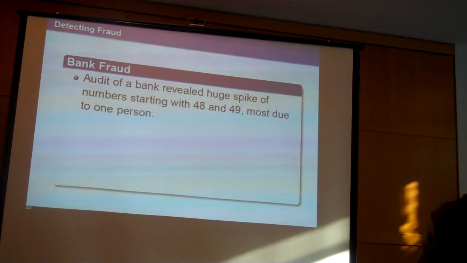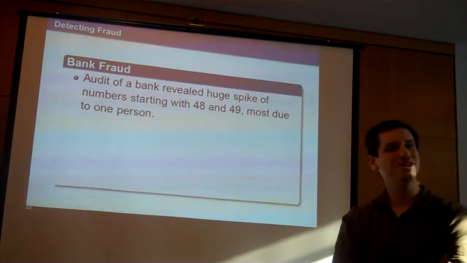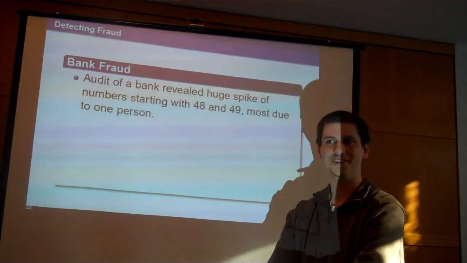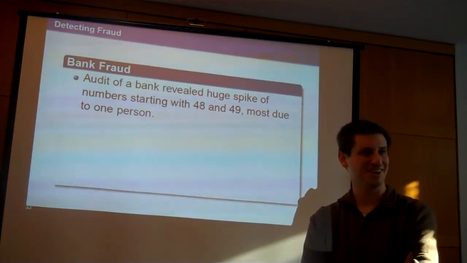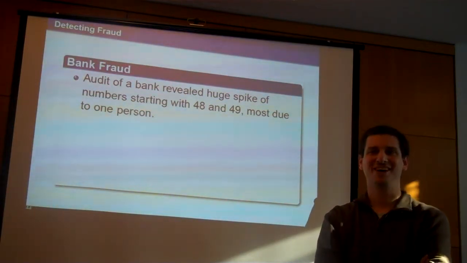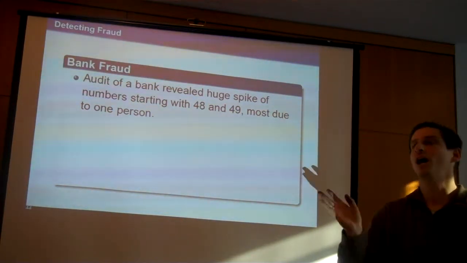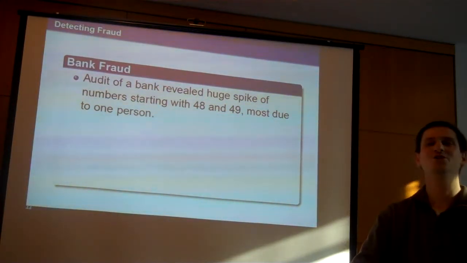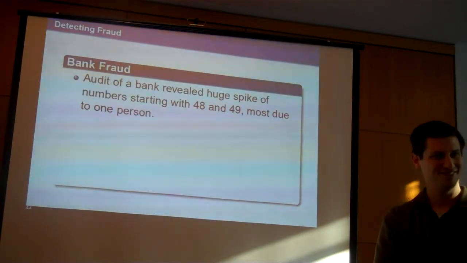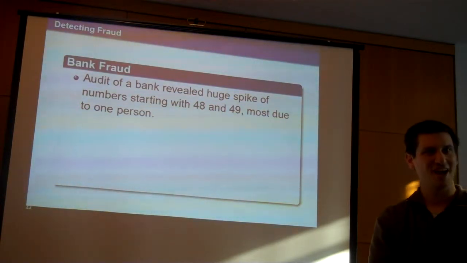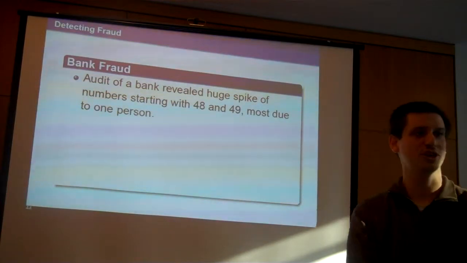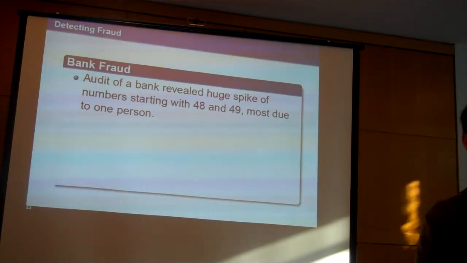So they traced this to one person. Most of the boost was coming from one person. What he was doing is he was having his friends sign up for credit cards and run up bills, and then the friends would call, and if they got him, they would say the card was stolen. They would say, "Oh, I'm so sorry to hear that. I'm canceling your card. Don't worry about any of the charges." And if they got somebody else, they would just say, "I'm just calling to check what's my balance."